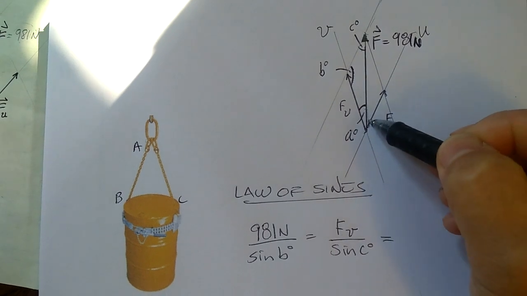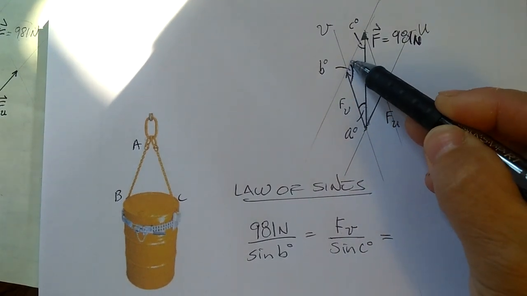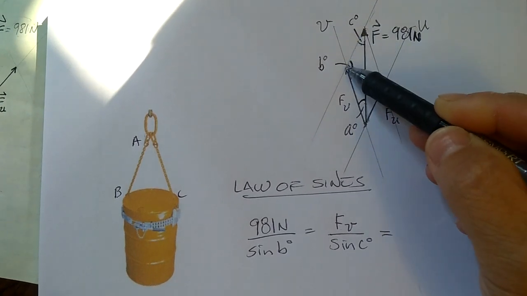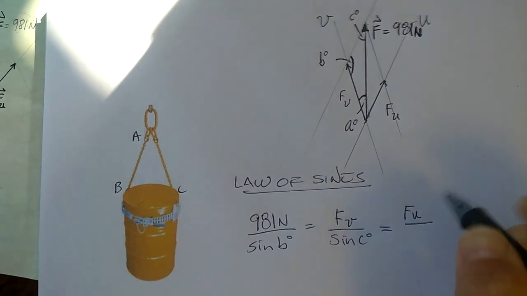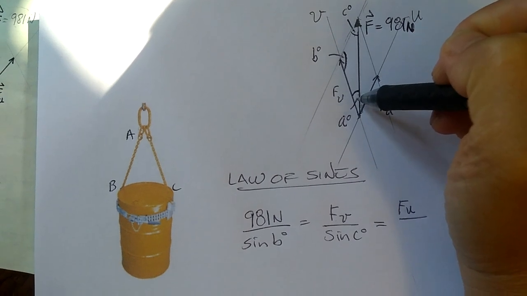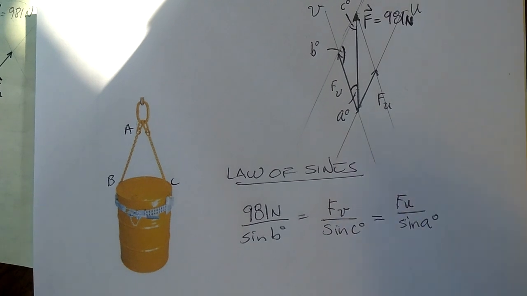Because we have this force F sub U, which could be translated to be at this position. So F sub U, the angle opposite to that would be angle A. So it would be sine of A degrees.